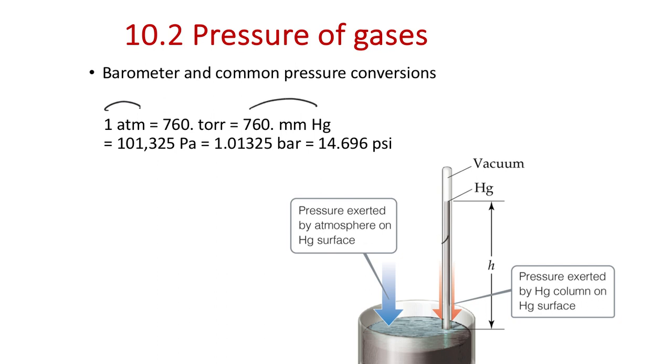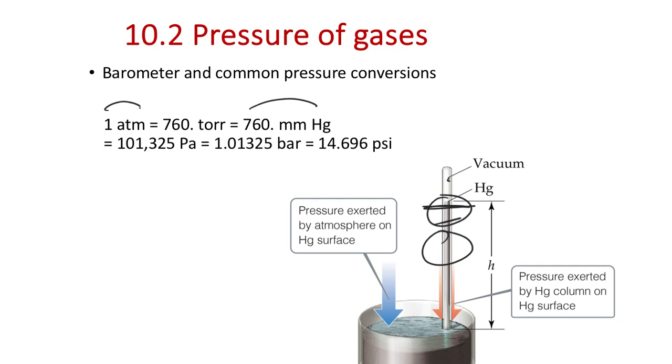Where mercury comes into play is you can construct a barometer where you take a tube that you fill with mercury, and then you have a vacuum inside of the tube. So you fill your tube with mercury, and then you invert it in a mercury dish, and the mercury settles, so there's a vacuum inside of our tube.